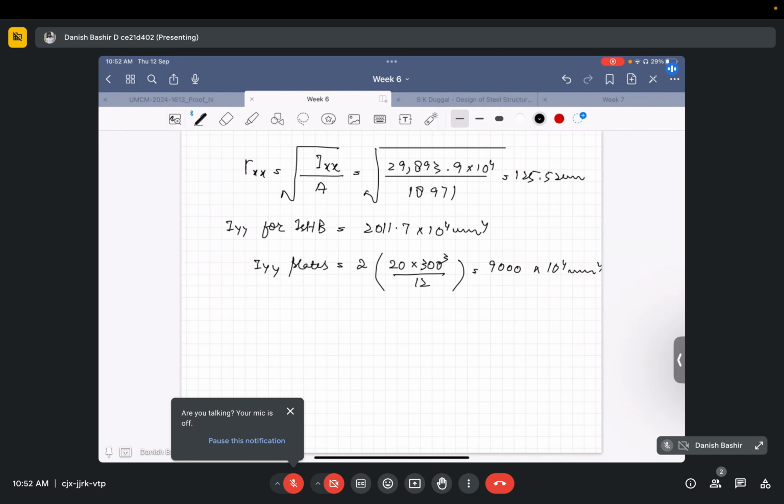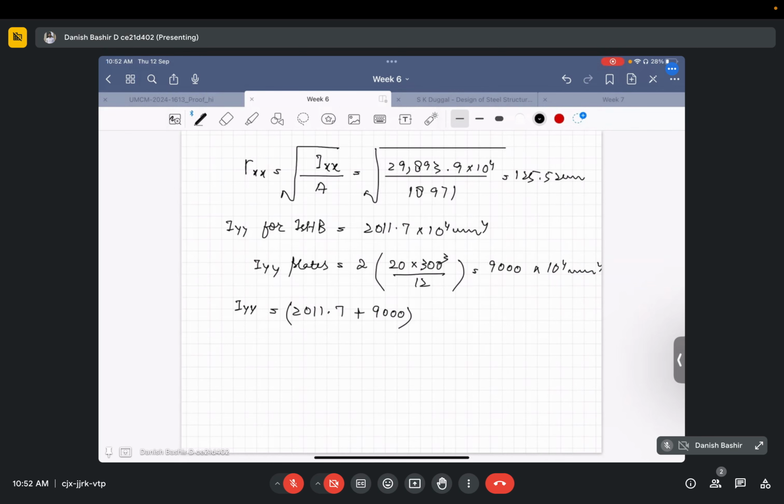So total IYY will be 2011.7 plus 9000, into 10 power 4. IYY comes out to be 11011.7 into 10 power 4 mm power 4.